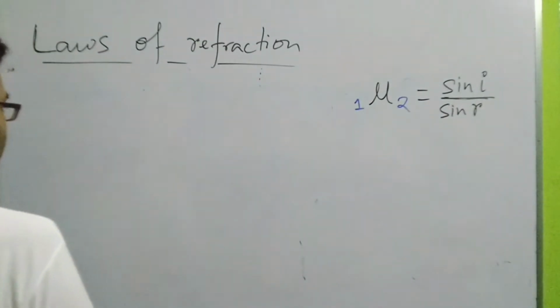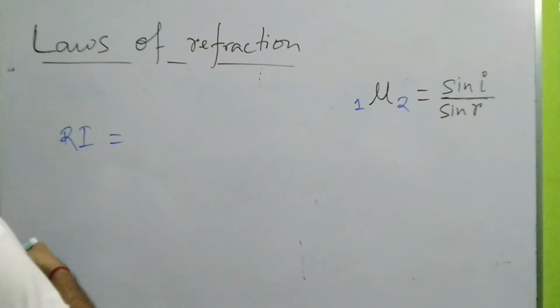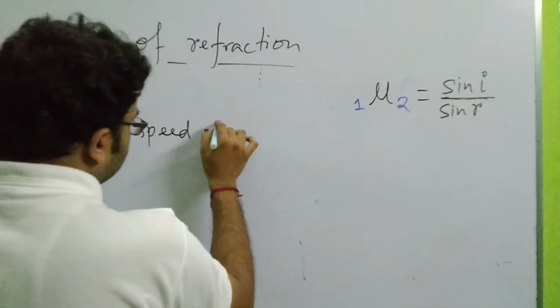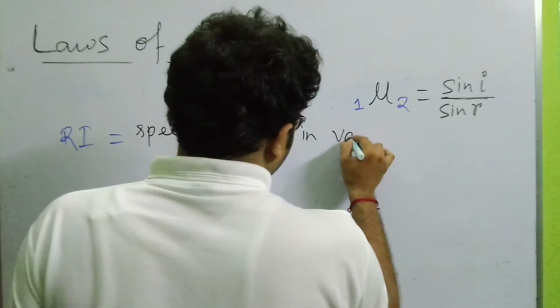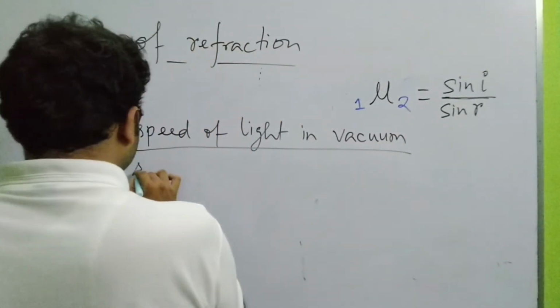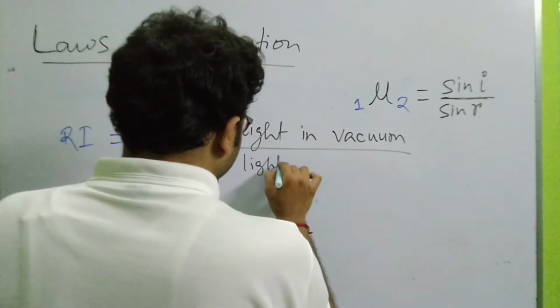So another formula for refractive index is given as the speed of light in vacuum to the speed of light in that medium.